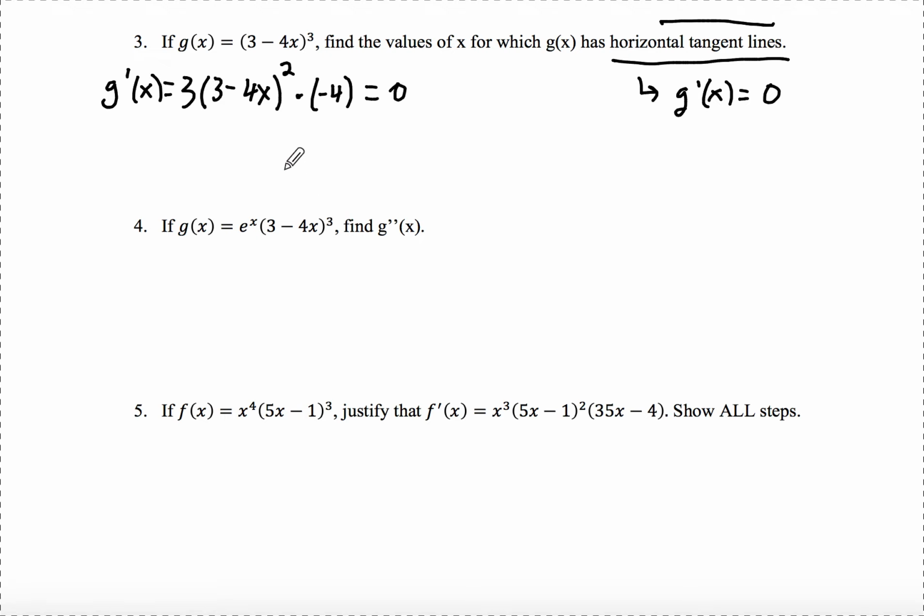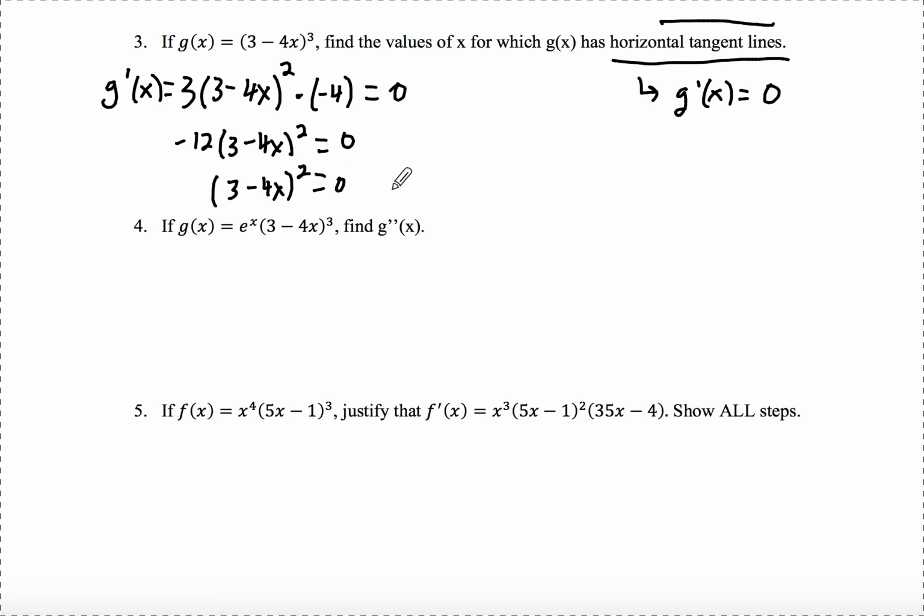So we go, okay, well, where's this going to be equal to 0? Well, really, this is negative 12 times 3 minus 4x, quantity squared. Sorry, I put the squared in the wrong place. That's odd. So where's this going to be 0? It's going to be 0 where 3 minus 4x squared equals 0, because I can divide negative 12 from both sides.